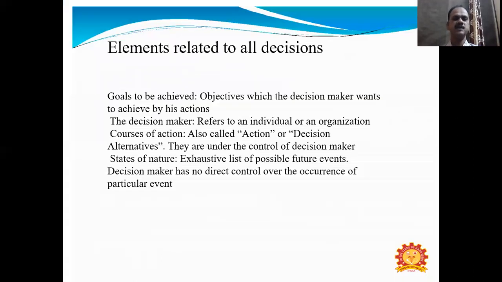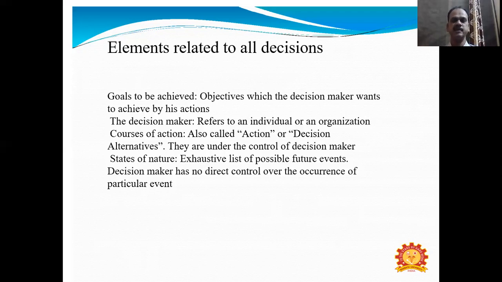The elements related to all decisions. The first one is the goals to be achieved, the objectives which the decision maker wants to achieve by his actions. The decision maker refers to one individual or an organization. The courses of action, also called actions or decision alternatives.